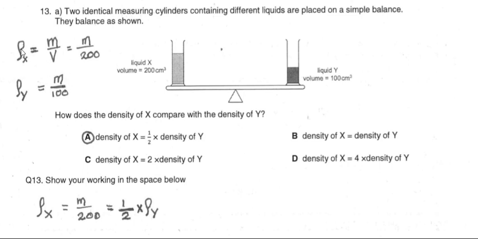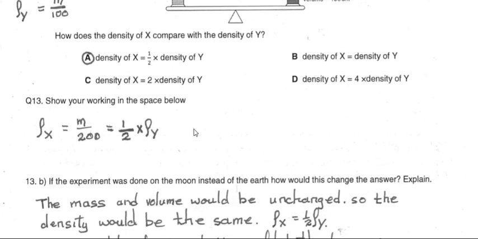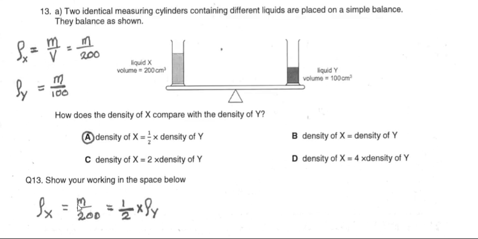This density here is m divided by 200, and this density is m divided by 100, so the density of X is half the size of Y. Some value divided by 200 results in a smaller value than that value divided by 100. So A is your answer. Again, shown here, rearranging, m over 200 equals a half times the density of Y.